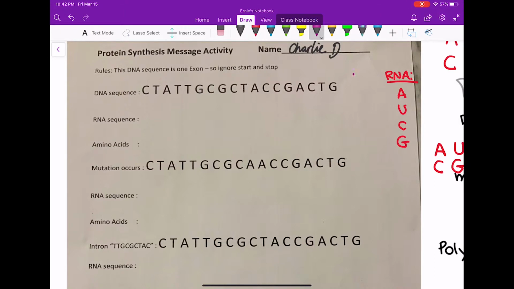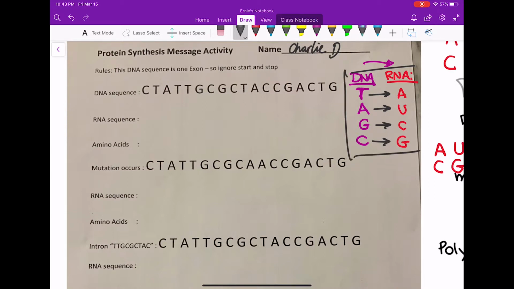And remember that in DNA, we have the nucleotides of T, A, C, and G. But the reason I've written it this way is to be able to remember that when I'm translating from DNA to RNA, when I see a T, I'm gonna make it into an A. And when I see an A, I'm gonna make it into U. When I see a G, I'm gonna make it into a C. When I see a C, I'm gonna make it into a G.